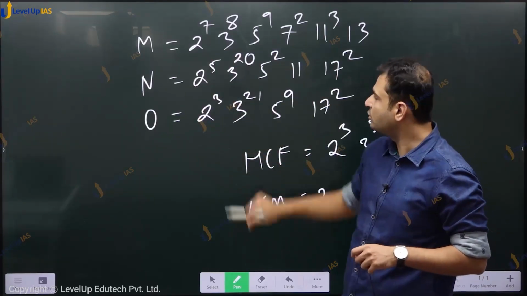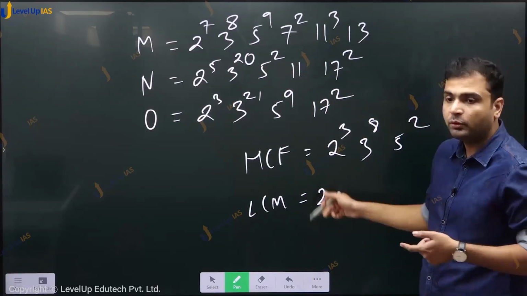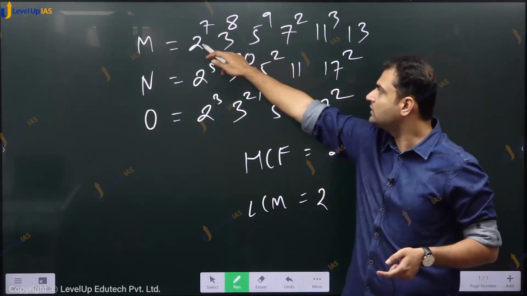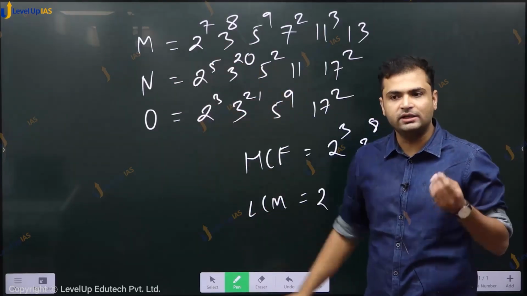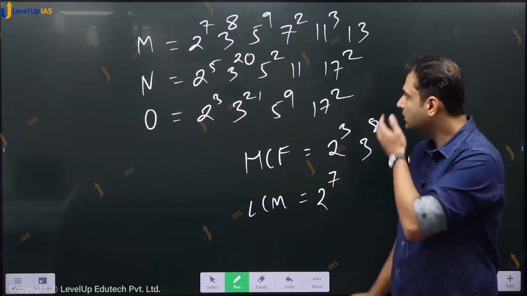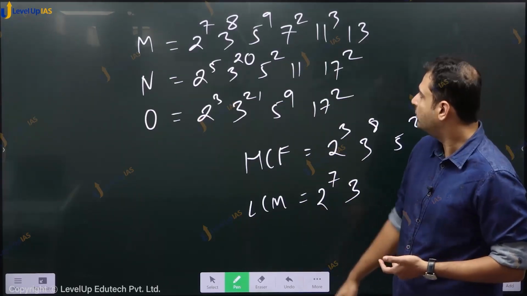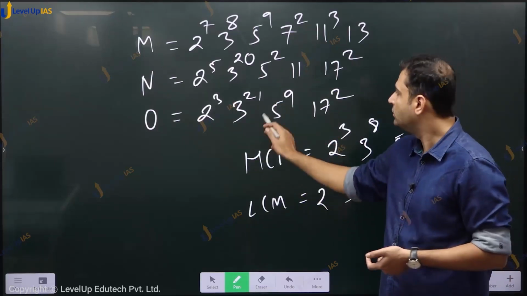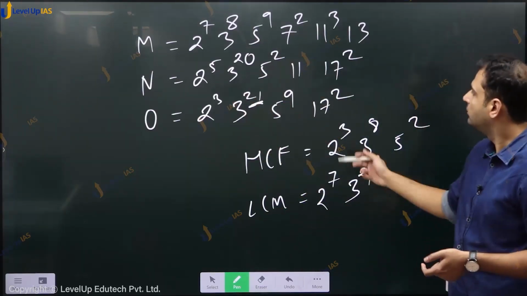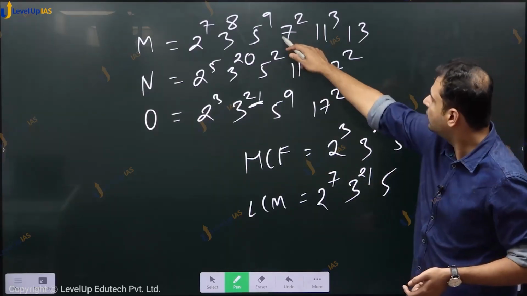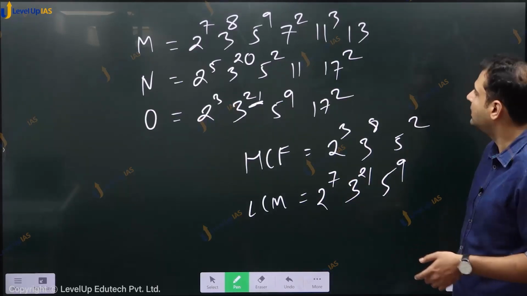So LCM will have 2 definitely, because 2 is everywhere. But what power? Because this number M has to be a factor of LCM, 7 तो आना ही चाहिए, at least 7 should be there. Again 3 will be there in the LCM, but for O to be a factor of LCM, you need at least 21, the maximum among those. 5 has to be there, but for M and O to be factors of the LCM, you need at least 9.